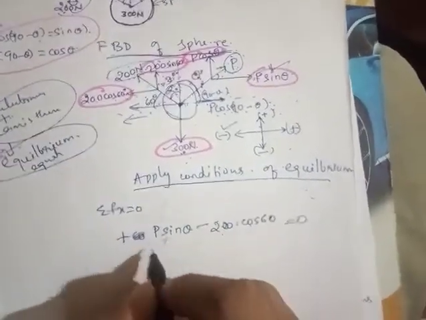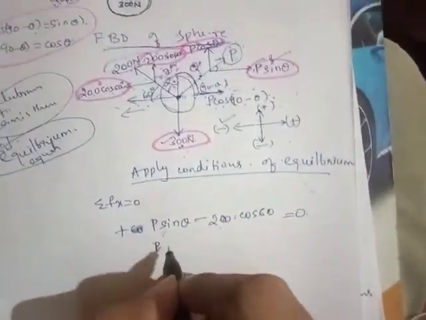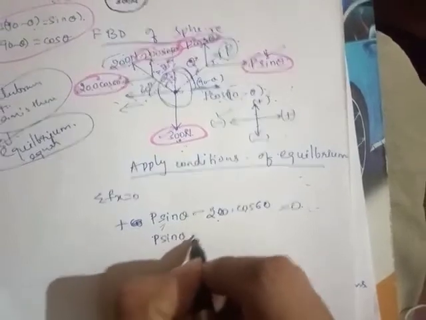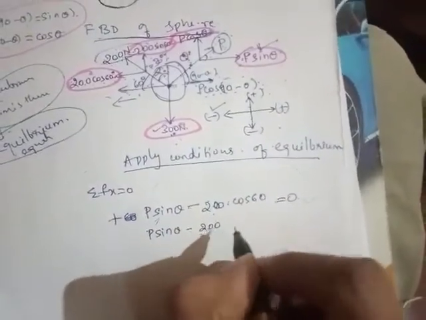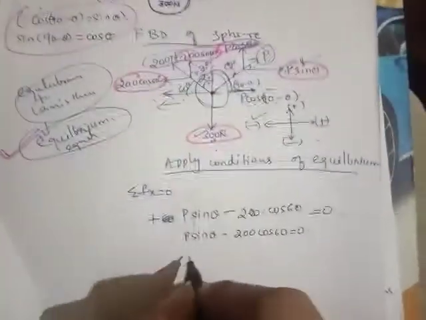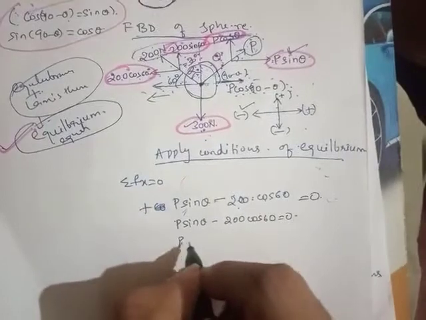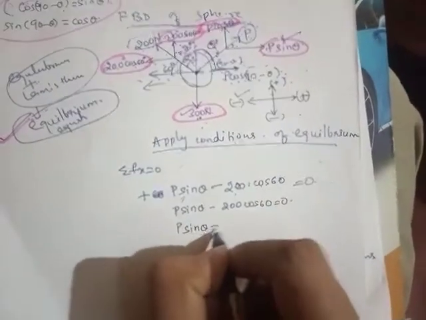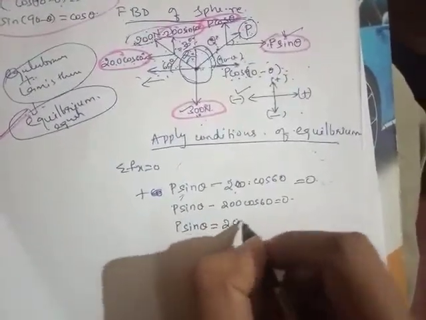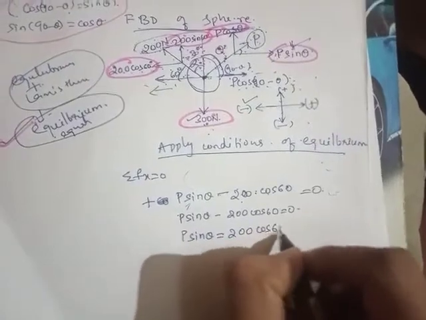So I write the equation again: P sin theta minus 200 cos 60 equals 0. So I can write P sin theta equals 200 cos 60.